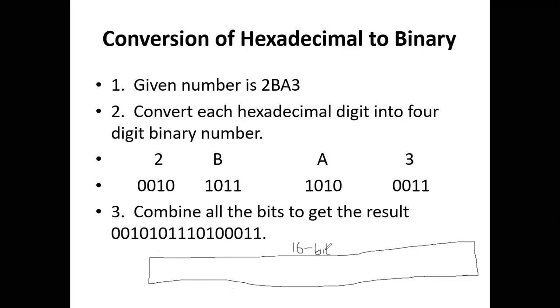Now, when we have a number, let's say, for example, let's say we have a number like this one, 1101 1001. So this is a single number.